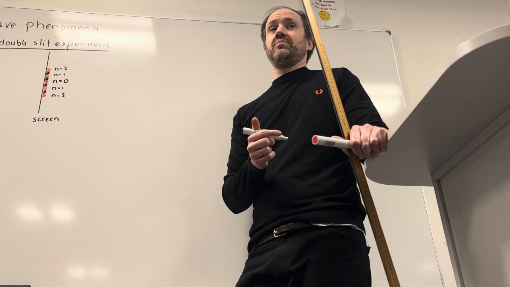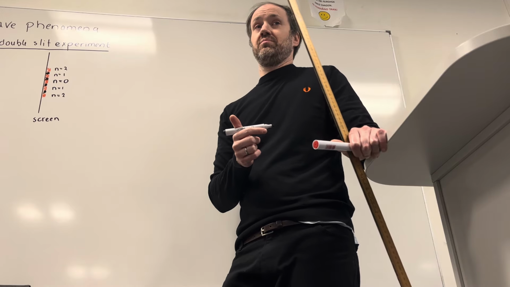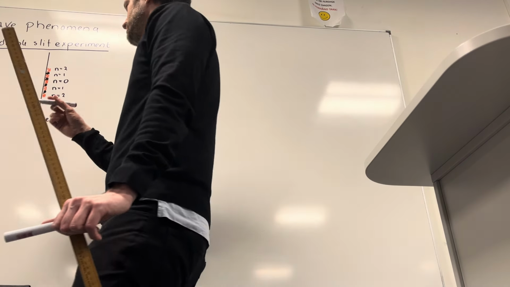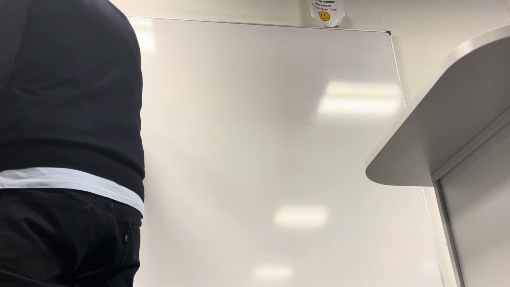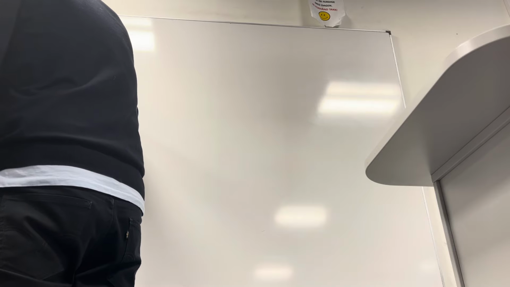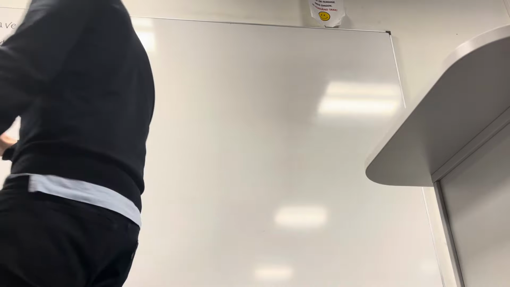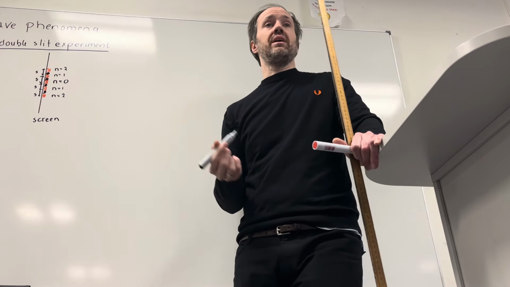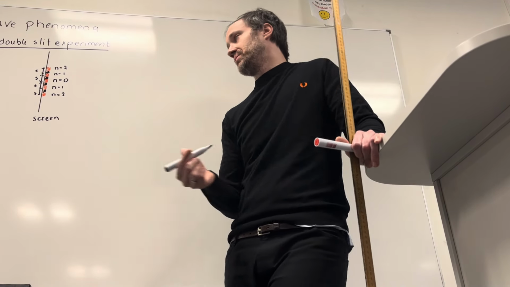It's the distance between each of the lights. The distance between two consecutive bright fringes. This is S, and this is S, and this is S. They lie pretty close together. So all of these can be found by using this formula.